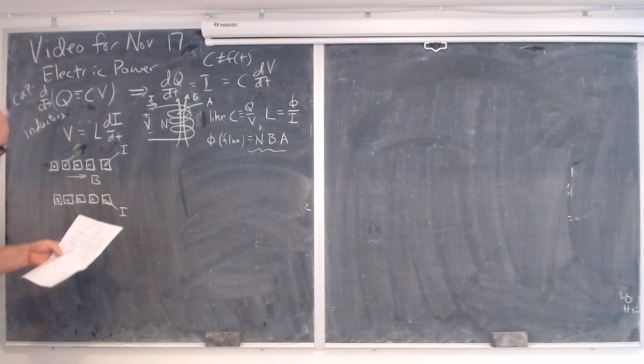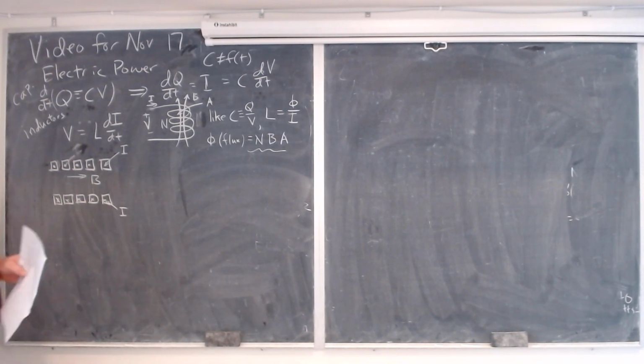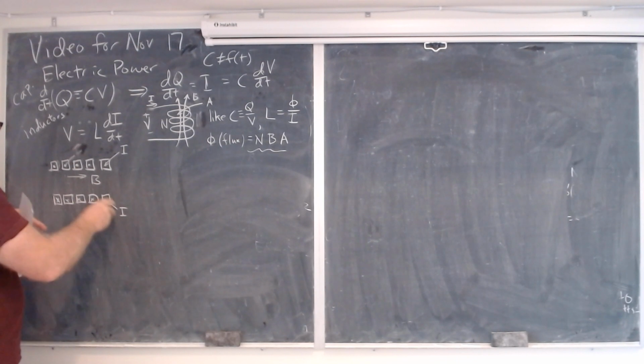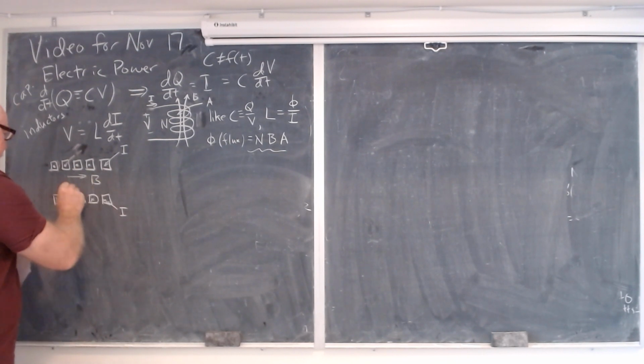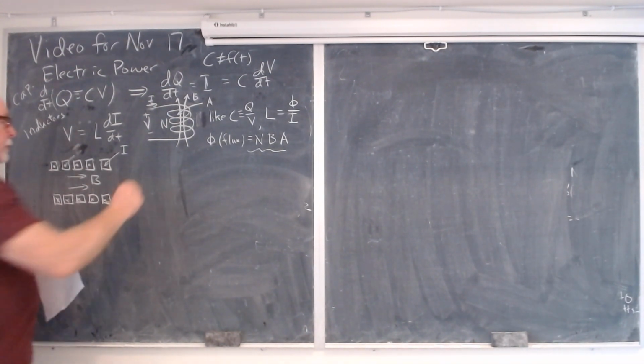Now, what I'm going to postulate is that if the coil is long enough, B is going to be a constant in the coil. And so now I'm going to use Ampere's law.